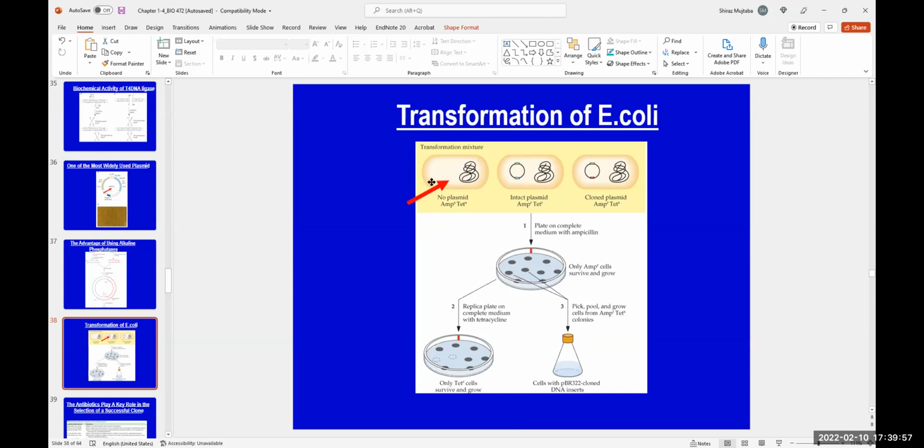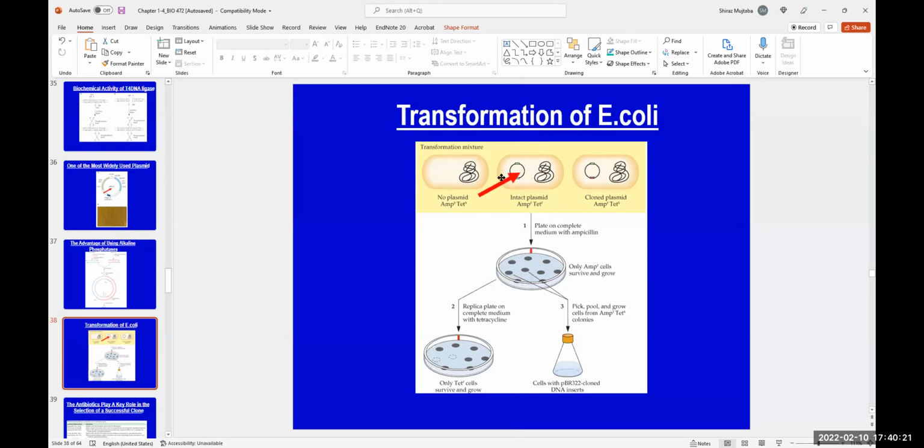If they don't have plasmid, they don't have the ability to resist ampicillin. Where is ampicillin? Ampicillin is in this plate. This is a classical recombinant DNA or transformation experiment. This bacteria will survive happily because they have plasmid, and the plasmid has the gene for ampicillin resistance. So it will happily grow.